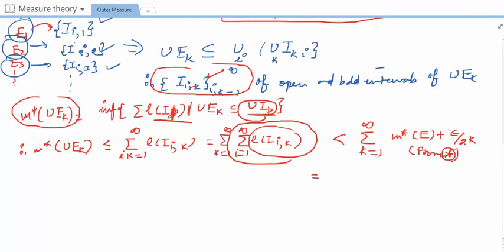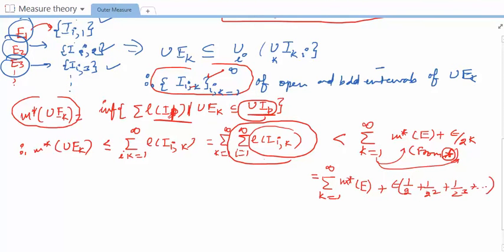You can take the summation here, so you have the summation over k from 1 to infinity of m star of ek plus epsilon, which is common, times 1 by 2 plus 1 by 2 square plus 1 by 2 cube. This is a GP with common ratio half, so it is summable, and the sum of the GP is first term upon 1 minus common ratio, that is 1. So the epsilon remains as such, and this is equal to the summation over k from 1 to infinity of m star of ek plus epsilon.